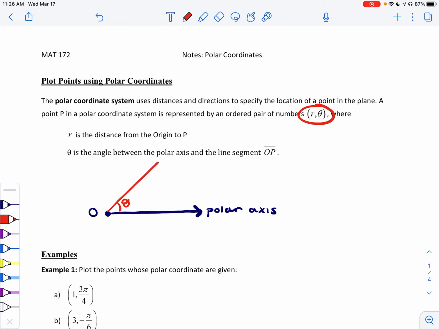So we measure our theta just like usual from that x-axis up to some point P. Okay, so that would be like the terminal side of our angle. And our radius is just the distance from the origin up to that point P. Okay, so this point right here would be plotted as R and theta.